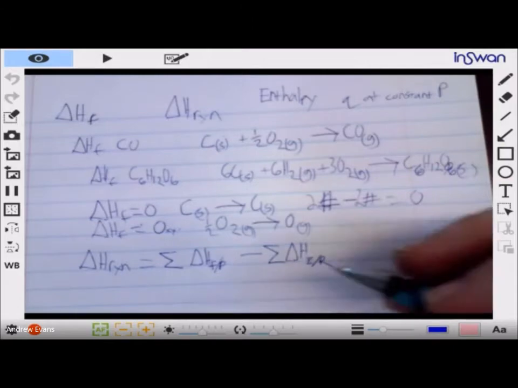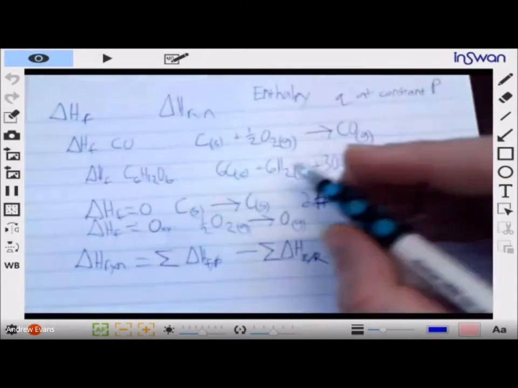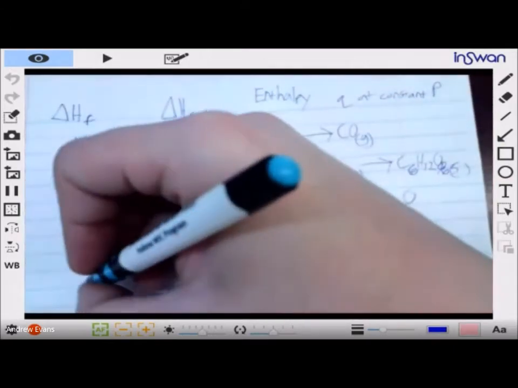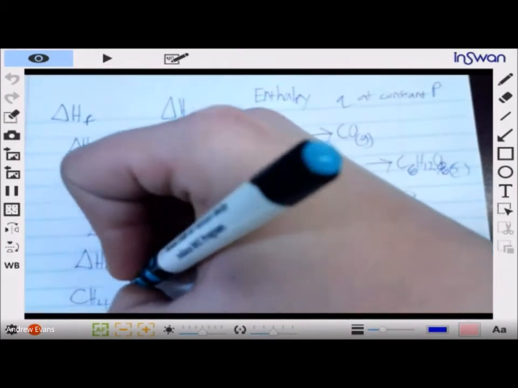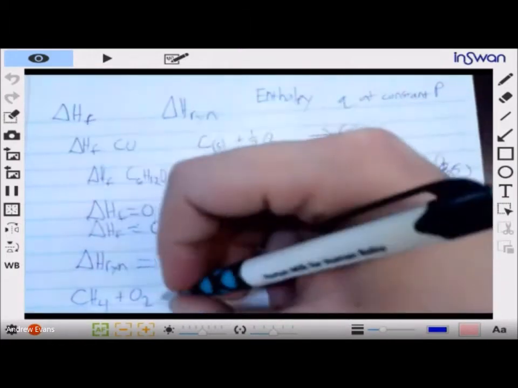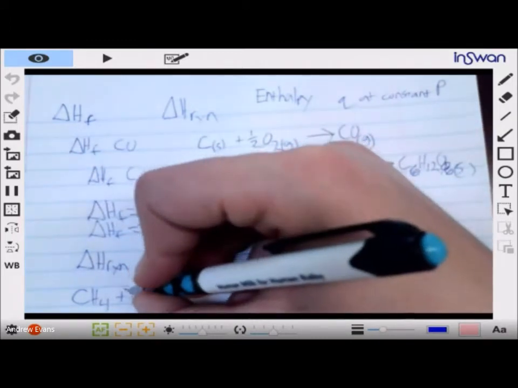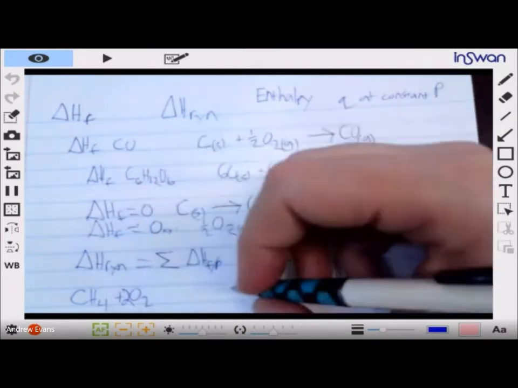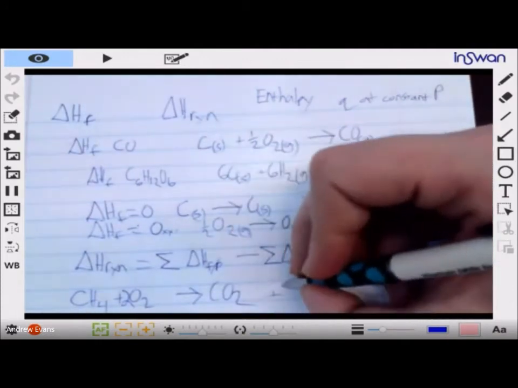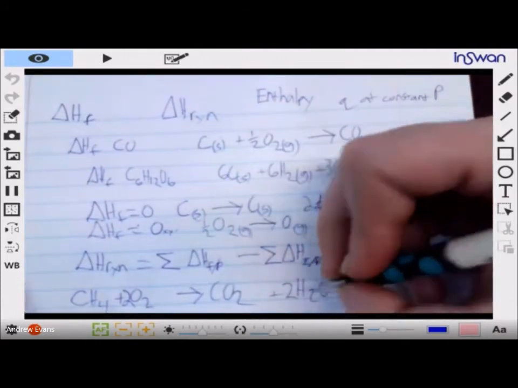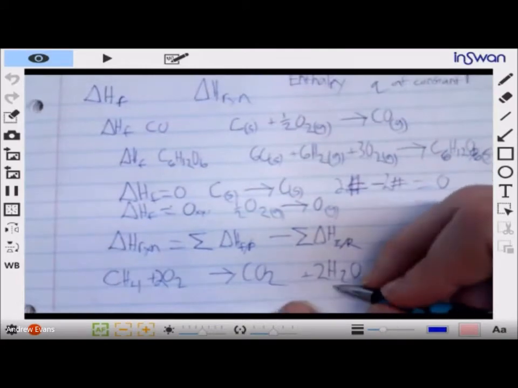If I were to do something like CH4 plus oxygen goes to CO2 and 2 waters, how I would calculate this is I would have a number for each of these.